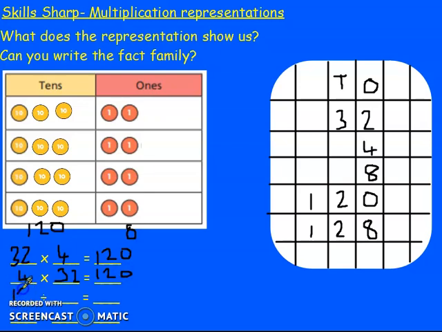So if we have 128 and we divide it into 4 equal groups, we will have 32 in each group. And then if we have 128, oops, it's 128, isn't it? Sorry everybody, let's change those to 8s. So 128 divided by 32 will equal 4.